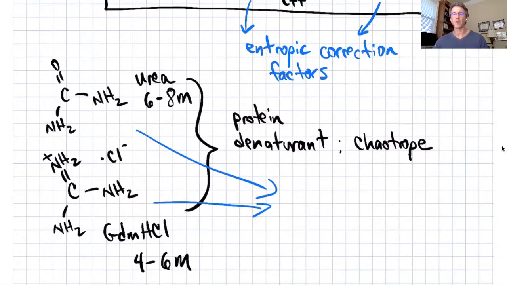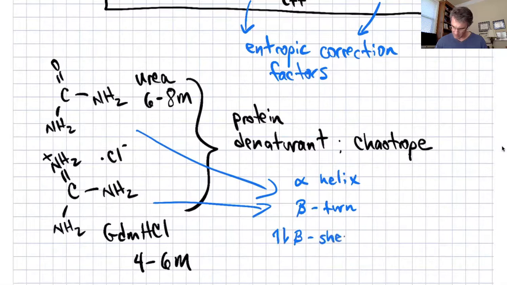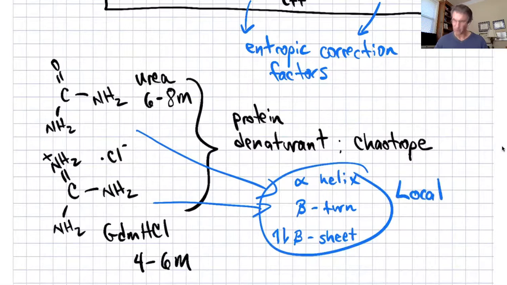There's no hydrophobic collapse, there's no organized structure, but what people can see are flickering bits, even in 8 molar urea or 6 molar guanidinium, flickering bits of alpha helix and beta turn, and even little pieces of anti-parallel beta sheet, right? All these local interactions flickering in and out of existence, even in this massively destabilizing denaturant, right?